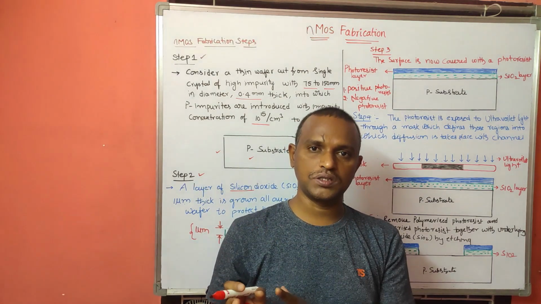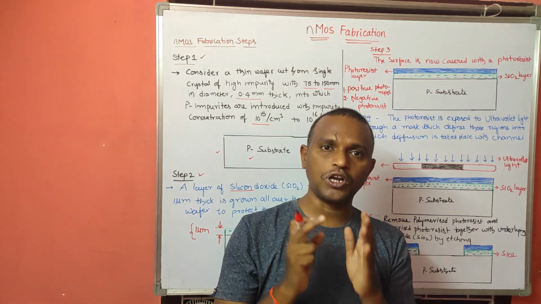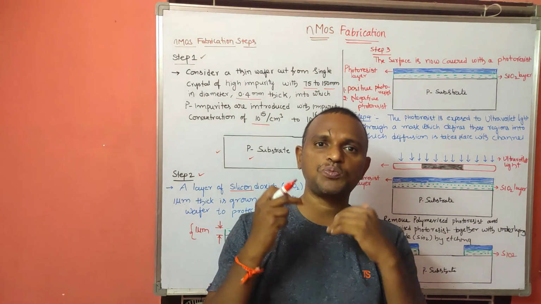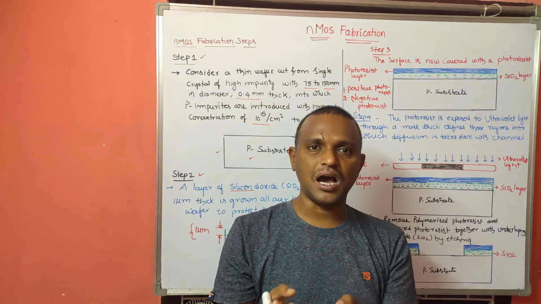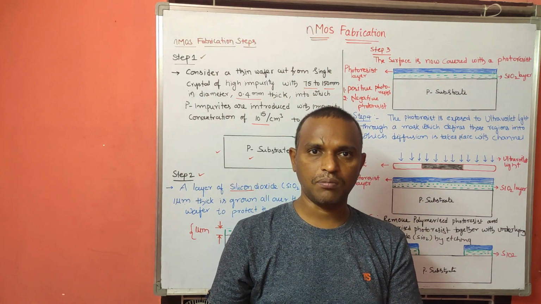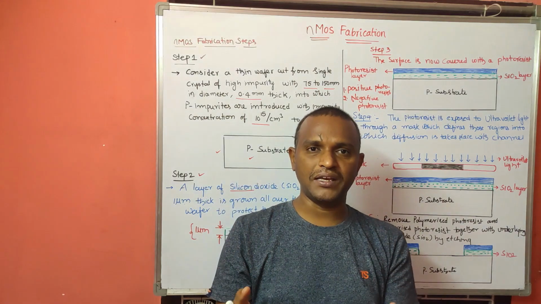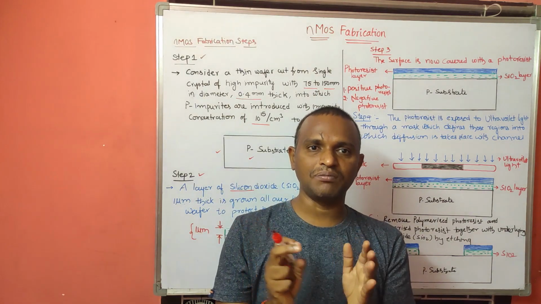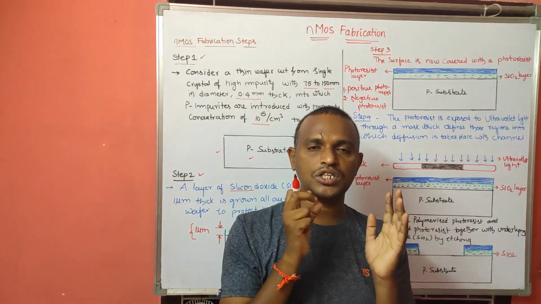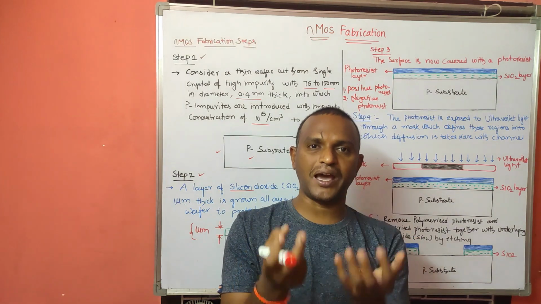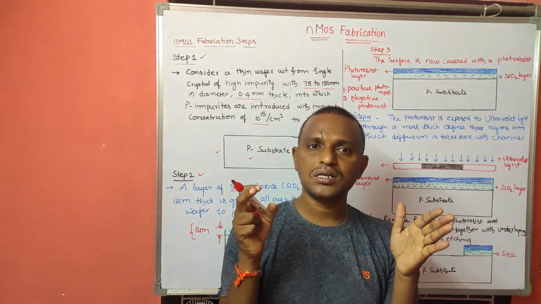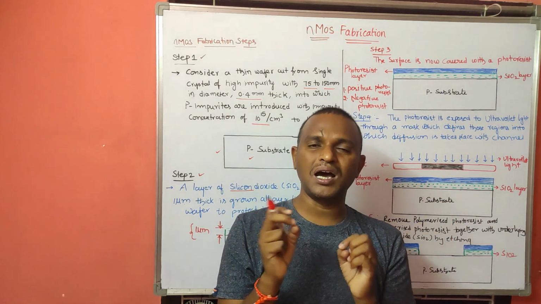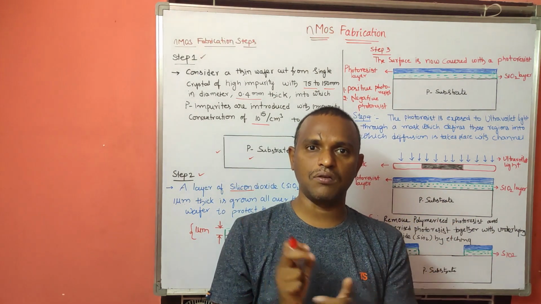The negative photoresist. Whenever a photoresist is exposed to UV light, it will be polymerized or hardened. After exposure to the UV light, these photoresist materials cannot dissolve in the developer or the photoresist solvent.